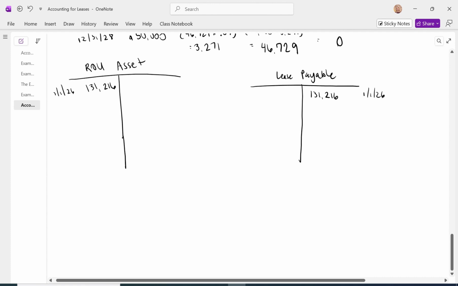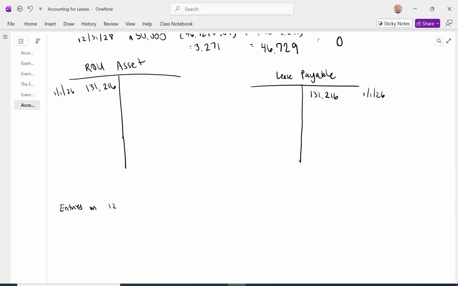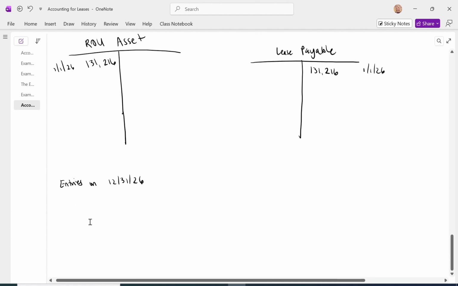Okay, so we already recorded the journal entry to put on the asset and the liability. Then what happens? We have entries on December 31st, 2026, the end of the first year. So one entry is going to be to have the cash payment. So I'm going to have 2 debits, leave 2 lines here. I'm going to credit cash 50,000.